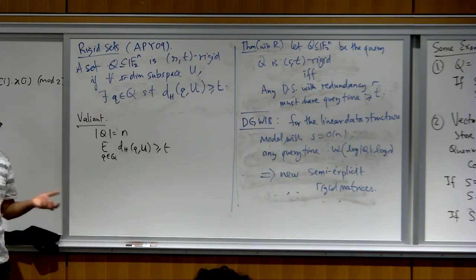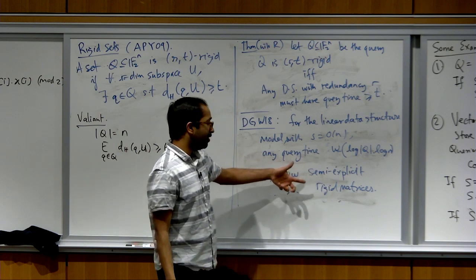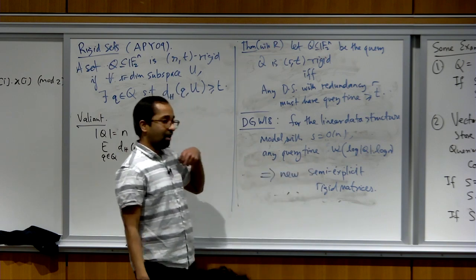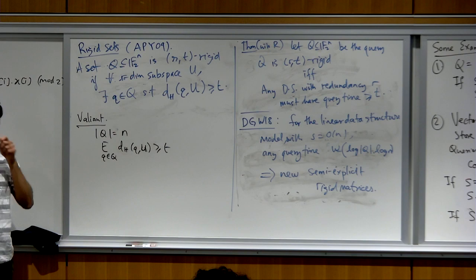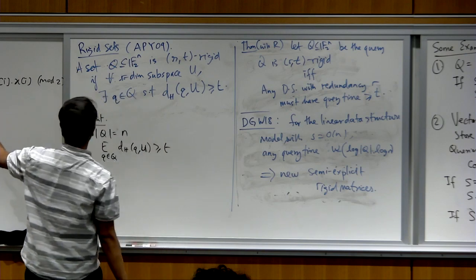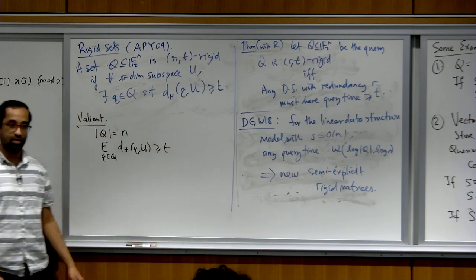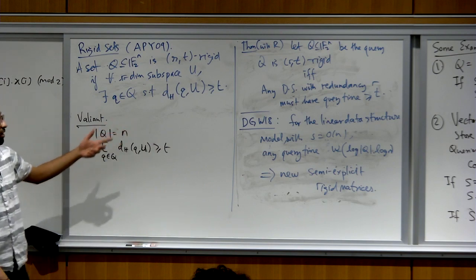By semi-explicit, I mean the runtime is not polynomial, but polynomial with oracle access to NP. This was through the linear data structure model and not the systematic linear data structures. And here we show a direct connection.